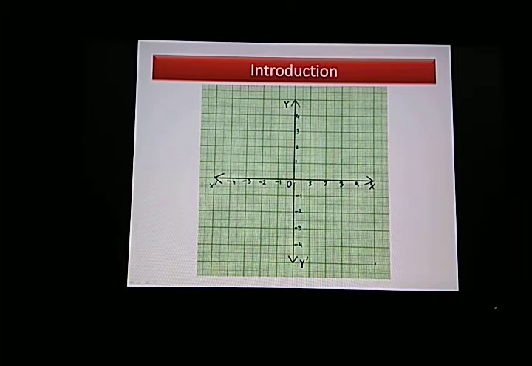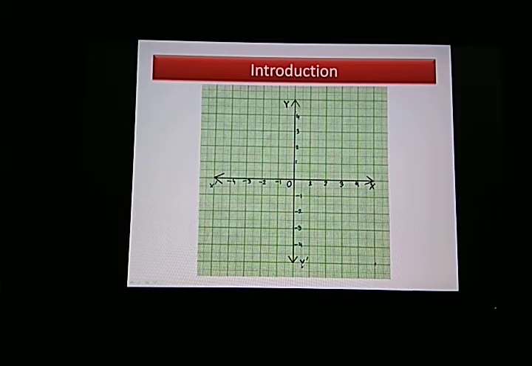So right from the origin towards the right side is the positive x-axis, and on the opposite side, where it is written x dash, it is the negative x-axis. Similarly, above, where it is written y, is the positive y-axis, and below is the negative y-axis, denoted by y dash.